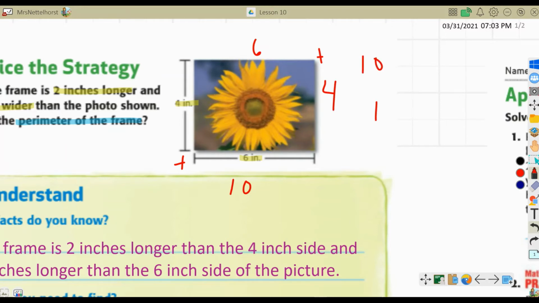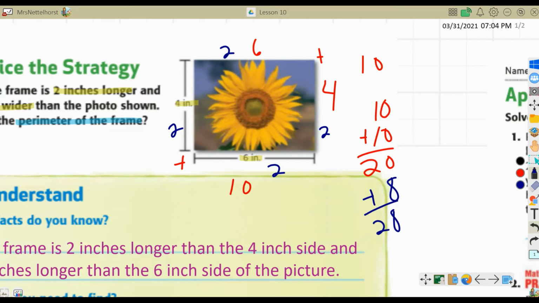So 10 plus 10, because I'm off the page, equals 20, but I'm not done because I added 2 to each side. So I'm going to do it in a different color. So if there's 2 here, and 2 here, 2 here, and 2 here, 2, 4, 6, 8, 20 plus 8 is 28. So I tried a different way to solve it to see if I got the same answer, and I did.